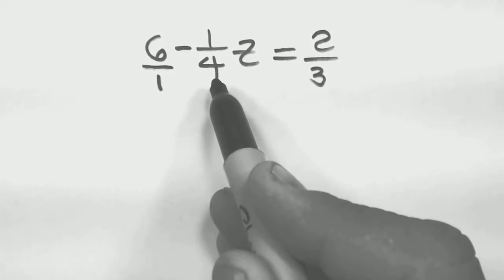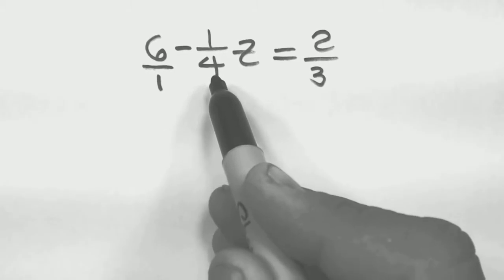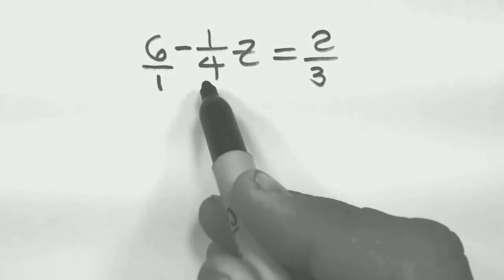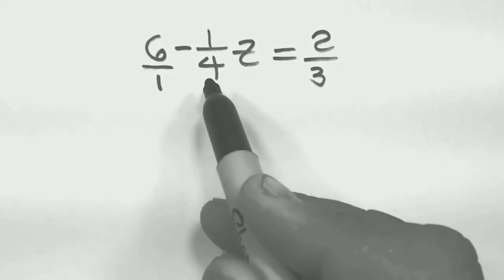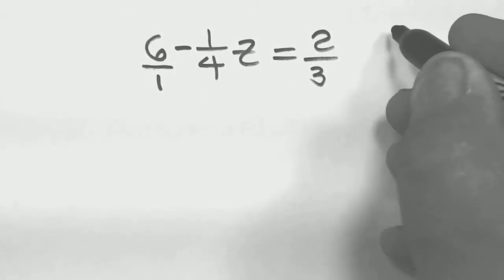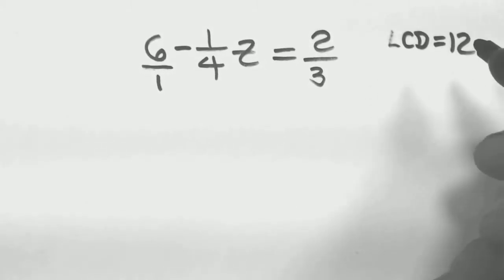The second multiple of 4 is 8. 3 doesn't divide evenly into 8. But the third multiple of 4 is 12. 3 does divide evenly into 12. So our LCD is 12. The reason why we start with the 4, the largest denominator, is we just get that LCD quicker. Okay, so our LCD here happens to be 12.